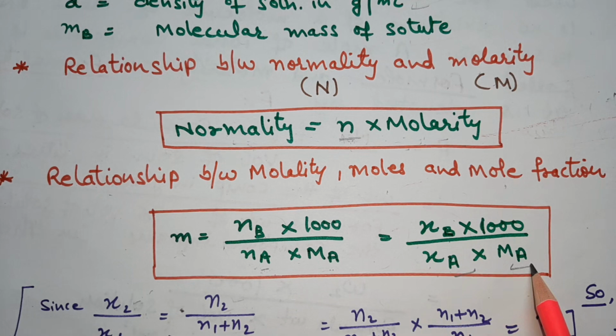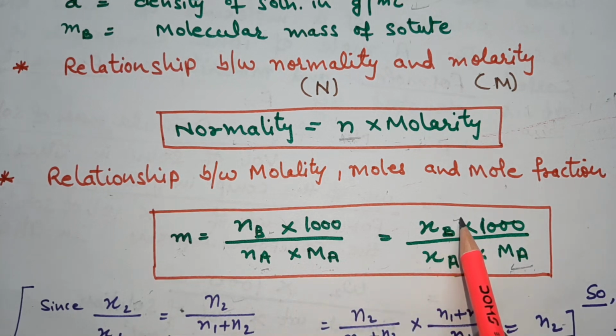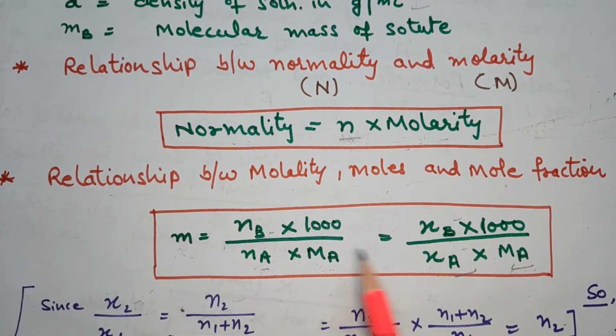So if the number of moles of solute and solvent are given along with the molar mass, molality can be calculated directly. In the same way, if the mole fraction of solute and solvent are given, by applying this formula we can calculate the molality.